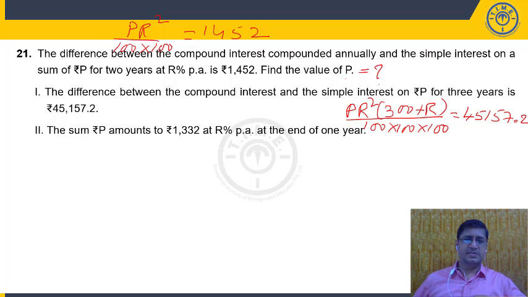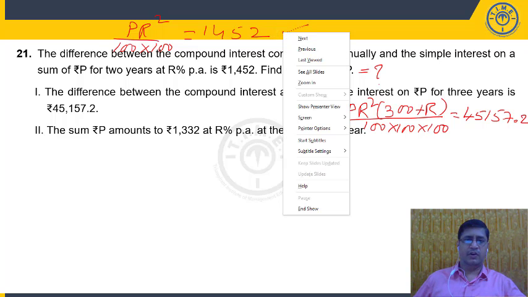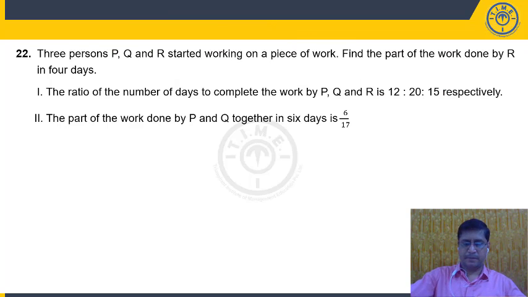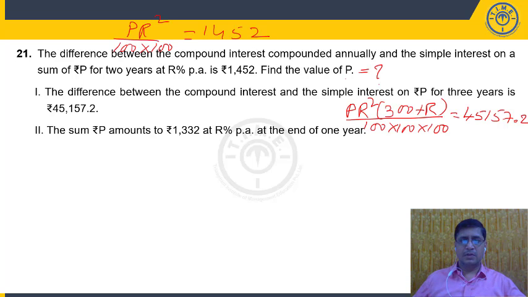My dear students, already we have the data PR square by 100 into 100 is equal to 1452. Already we have this one. Now when you substitute this PR square by 100 into 100 as 1452 here and simplify, you will get the R value.